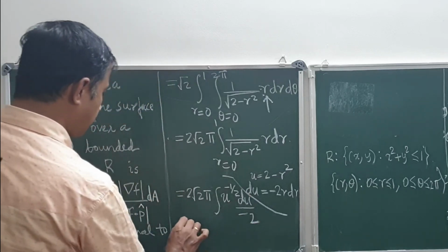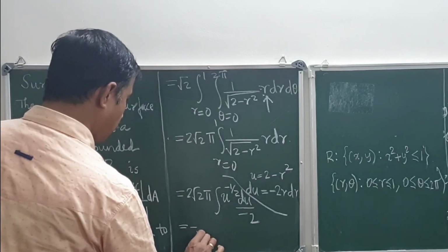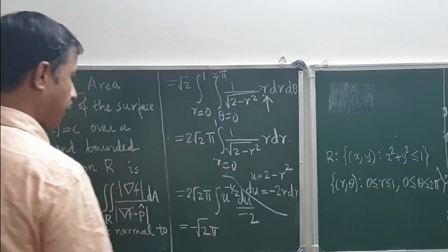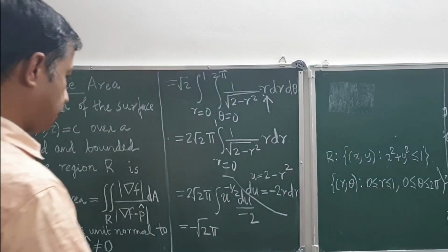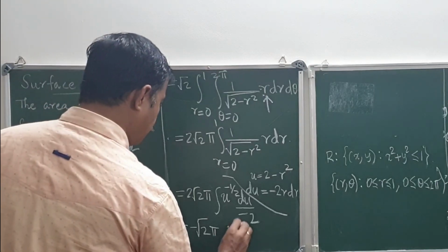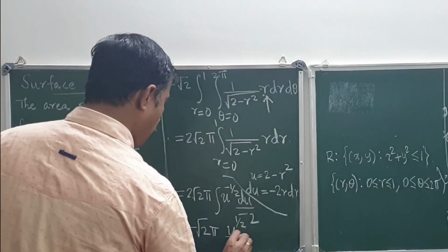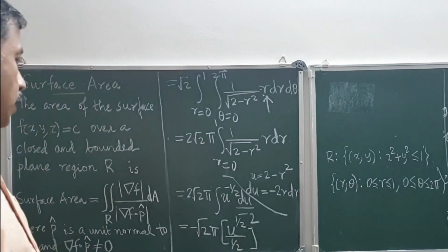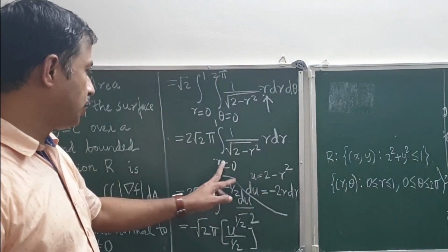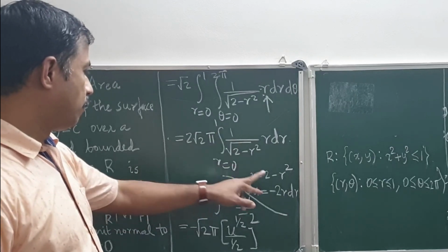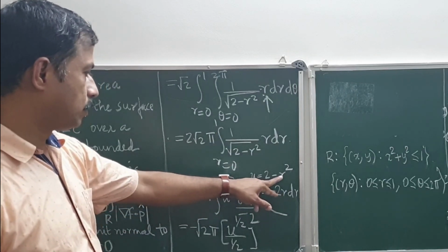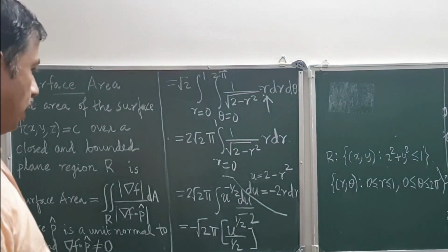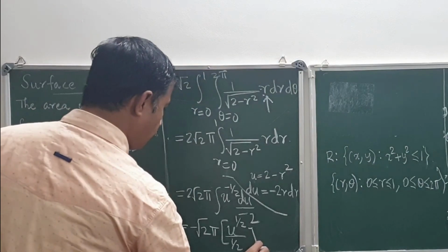So 2 and 2 will get cancelled. This is equal to negative root 2 pi, u raised to half by half within the limits. What is the limit of integration? When r is equal to 0, u is equal to 2, and when r is equal to 1, u is equal to 1. So this is from 2 to 1.